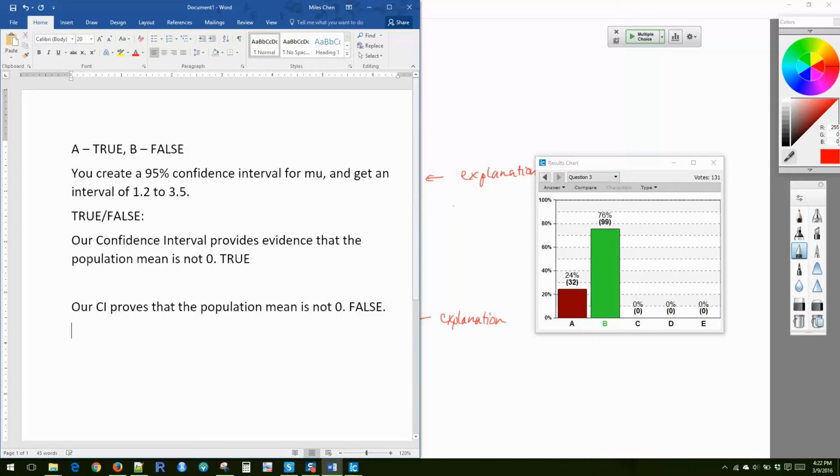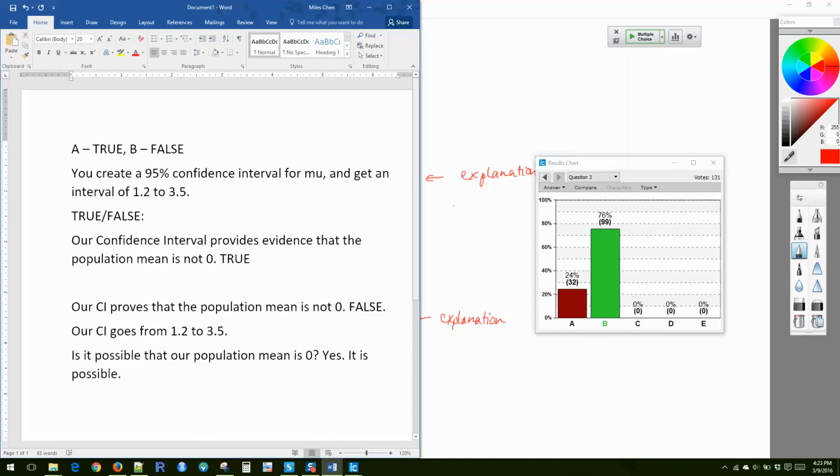Okay, so is it possible? So even if our confidence interval goes from 1.2 to 3.5, okay? Is it possible that our population mean is 0? Yes, it is possible.